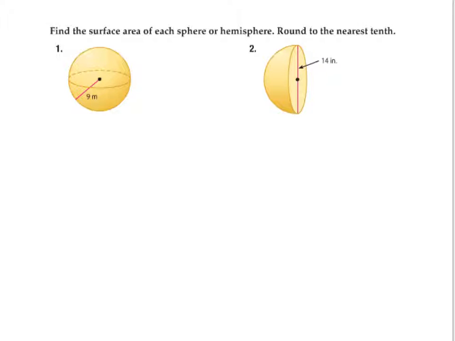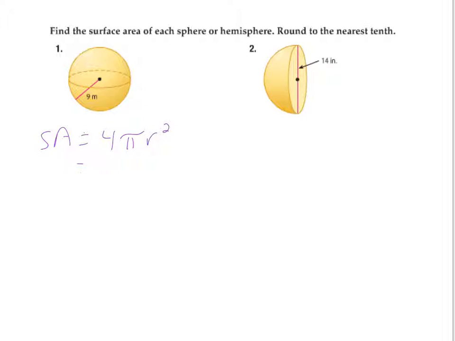Let's find both the volume and the surface area of each of these pictures here in number 1. In number 1, I have a whole sphere with a radius of 9. So the surface area, I need my marker. The surface area is going to be equal to 4 pi r squared.